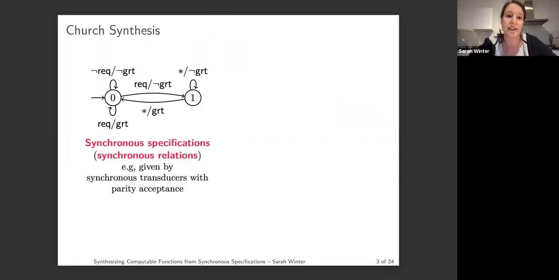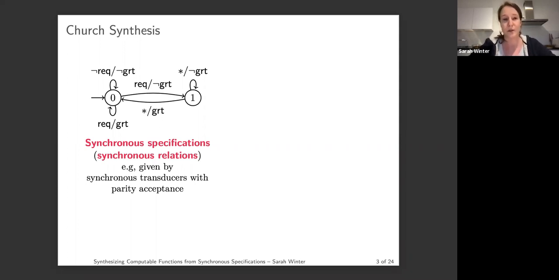Okay, one very well-known and old synthesis setting is Church synthesis. There, the classes of specifications and implementations are very restricted. In this setting, synchronous specifications are considered. I will also call them synchronous relations in this talk. And synchronous specifications can be given by different models. Here, I've used the view of giving them by synchronous transducers with parity acceptance.